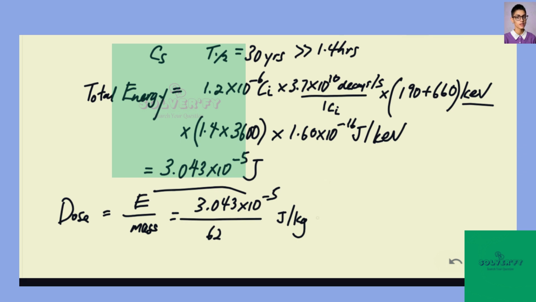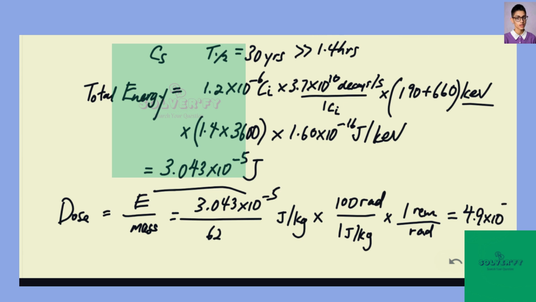So first we have to convert to rads. 100 rad is equal to 1 joule per kg. And to convert from rad to REM, we need to multiply by the RBE. But we know that the RBE factor for both gamma and beta is about 1, so that is just 1. So our final answer, we should get 4.9 times 10 to the power of minus 5 REM.